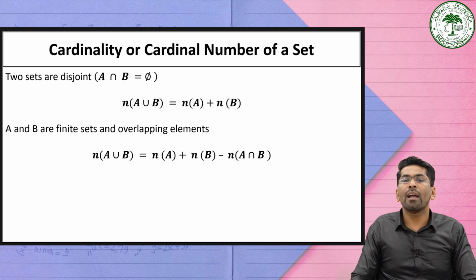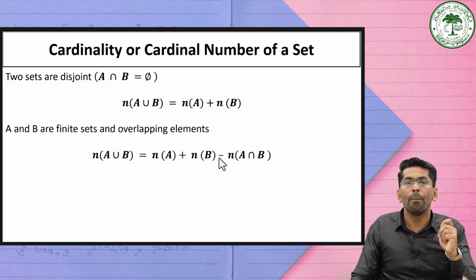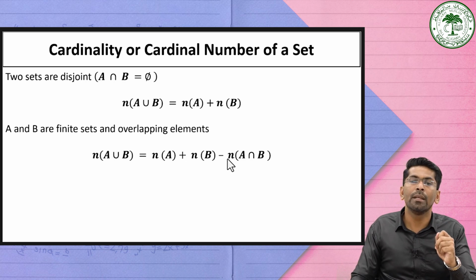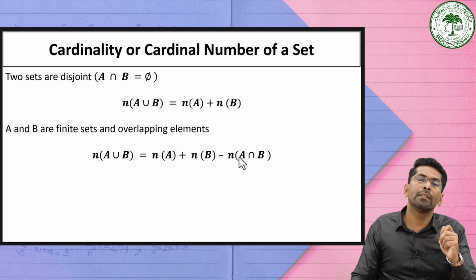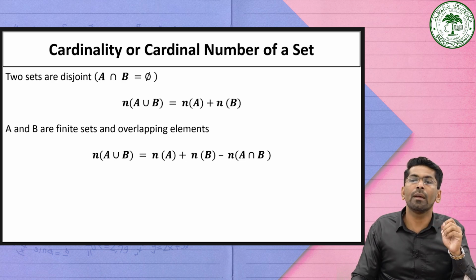That means the cardinality of the union of sets A and B is equal to the sum of the cardinality of each set, that is n(A) plus n(B), minus the cardinality of their intersection, that is n(A intersection B). By doing so, we can avoid double counting when we compute the size of the union.